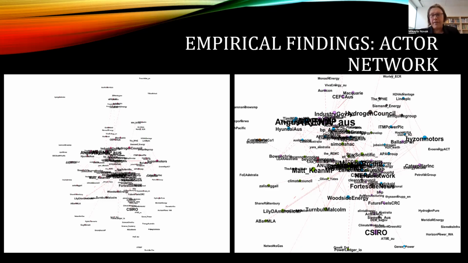But nonetheless, even on the right-hand side, I can identify a couple of these NGOs or activists, including the Climate Council that I referred to earlier, also a fellow by the name of Oliver Yates, who's a climate change activist, and others as well.